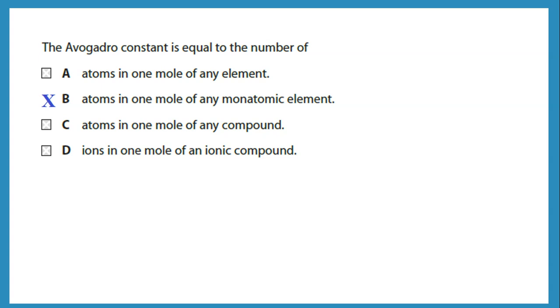Not the number of atoms in any element or in a compound, or the number of ions in an ionic compound, because the ionic compound could have several moles of ions. So remember, it is the number of molecules in 1 mole, or the number of atoms if the molecule is monatomic.